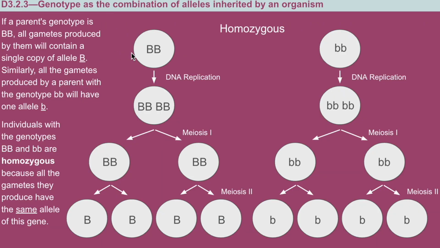Okay, so if a parent is homozygous, then we'll see through the process of meiosis, which again is going to start with DNA replication and then go through 2 divisions, every single haploid gamete produced is always going to have, in this case, that big B. Same if the parent was homozygous for little b, all of the time their haploid gametes produced will be little b.